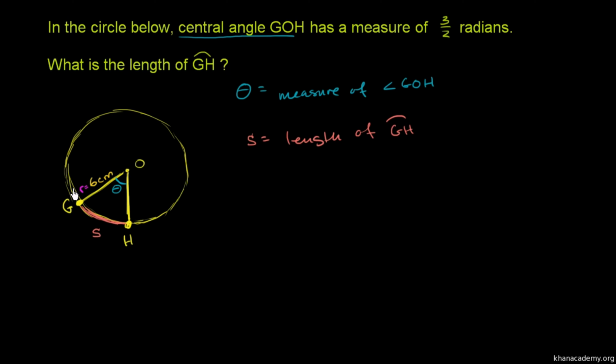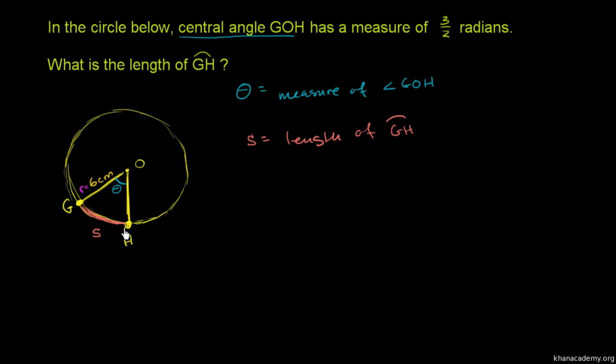So the first thing that we should think about when we're dealing with arc lengths and radians is how do angles measured in radians relate to arc length? In particular, how does an angle measured in radians relate to the length of the arc that subtends that angle? In this case, arc GH subtends central angle GOH.